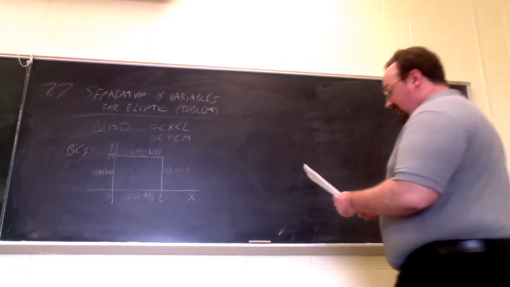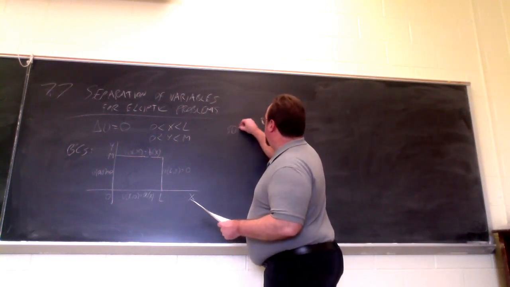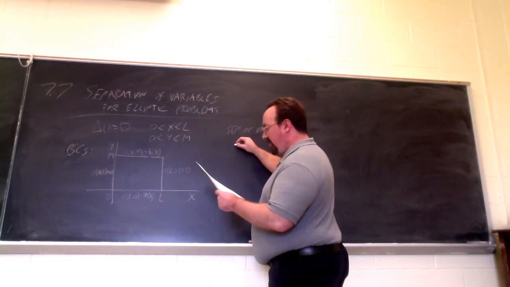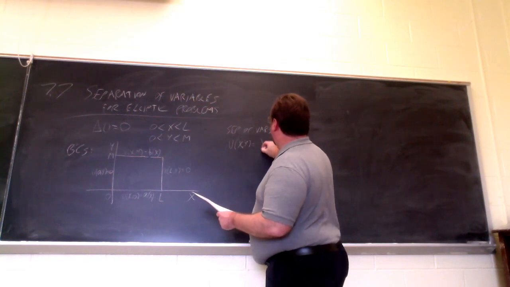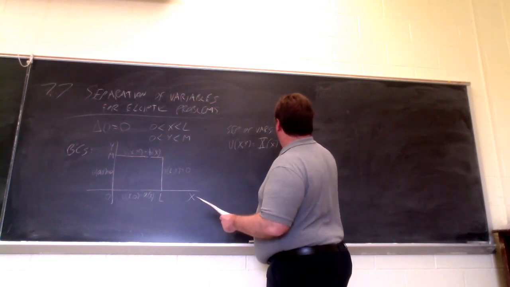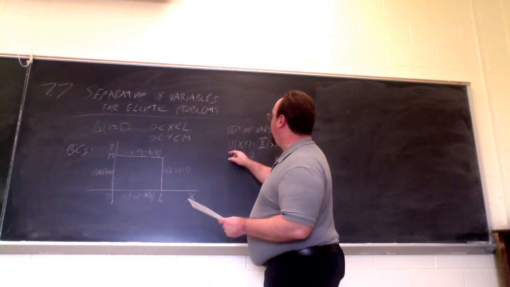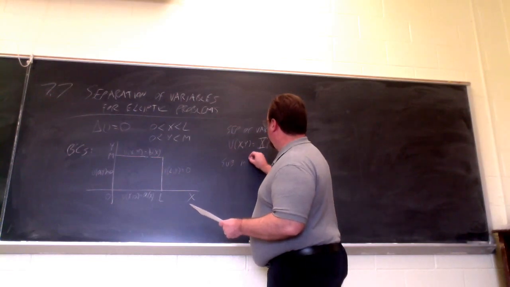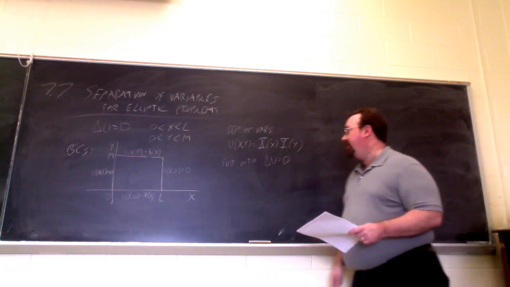Okay. All right, so we do separation of variables, and we'll just take it from the top because the equation is quite different. So we assume that u of x, y is big X of x times big Y of y, and we substitute it into the PDE. The Laplacian of u is 0.